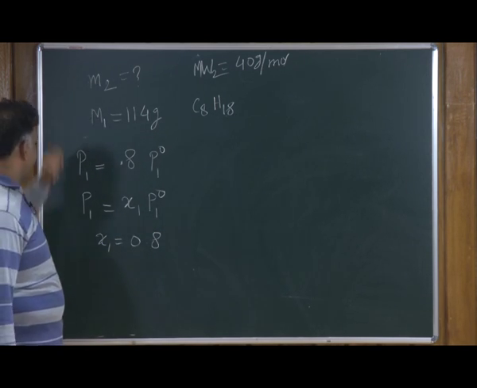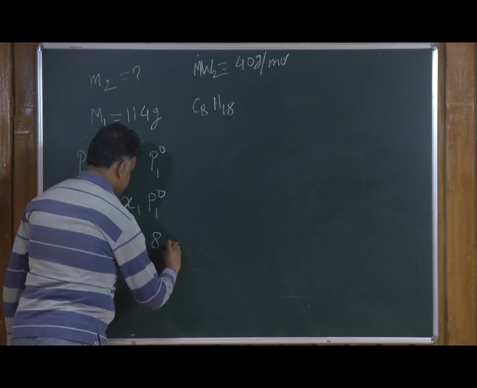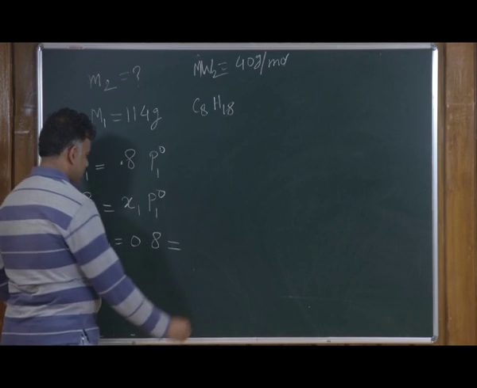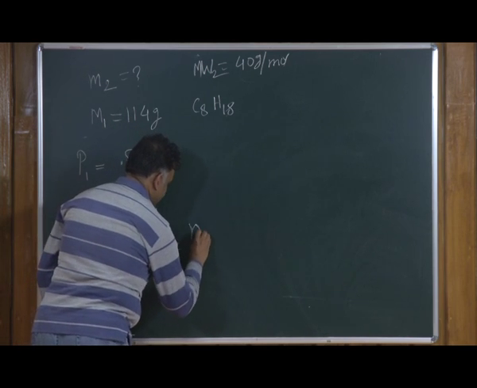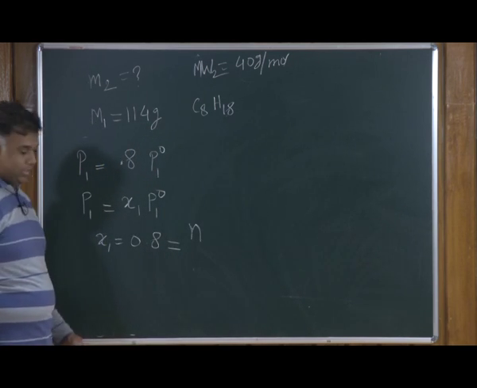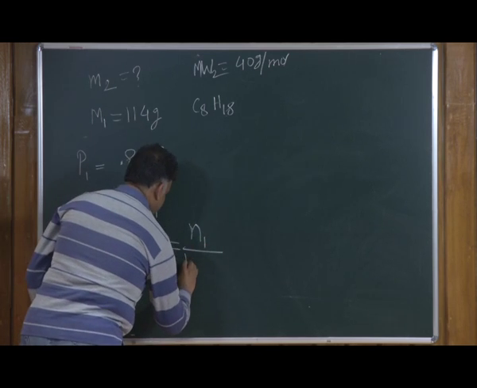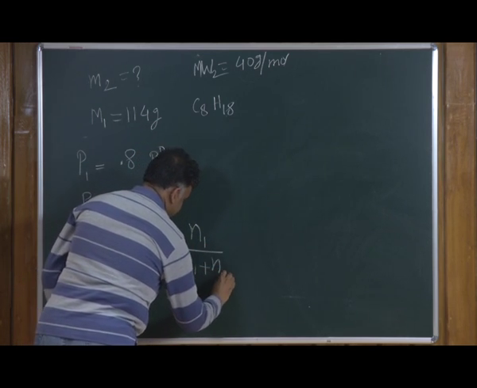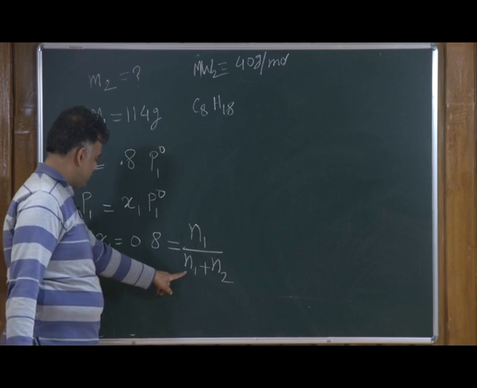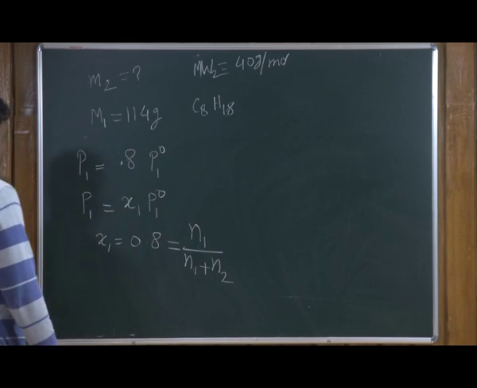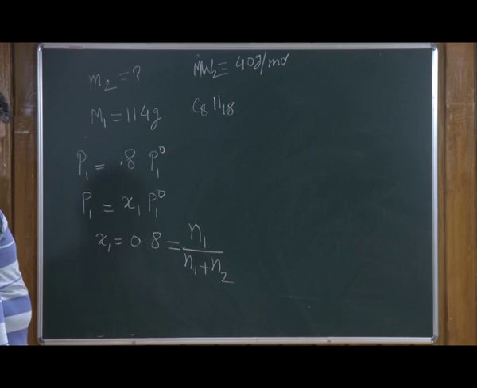We need to figure out m2. So, the definition of x1 is moles of component 1, that is solvent, divided by N1 plus N2, binary solution. So, moles of solvent plus moles of solute, total moles. Okay. So, we need N1 and N2.